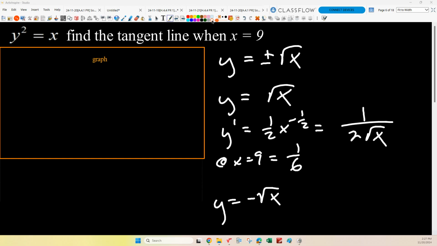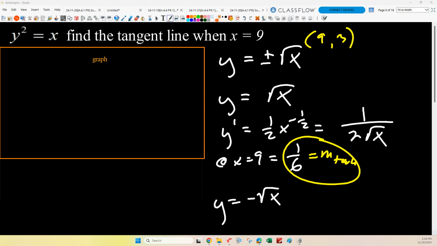Okay, and we've got the point. What's our ordered pair then? So we have a slope. There's our slope for this line. What's our point? 9. And we're taking the square root of x. So 9, 3.